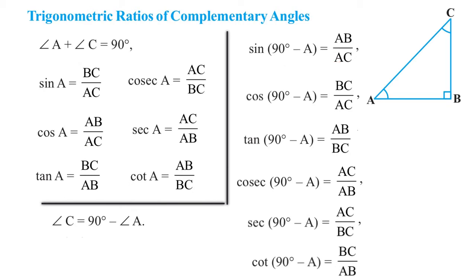So, can we say cosine A is equal to sine 90 minus A? We can. Observe tan A, BC over AB. Cot 90 minus A is also BC over AB. So, can we say tan A is equal to cot 90 minus A? Similarly, we can observe this for the other reciprocal ratios too.